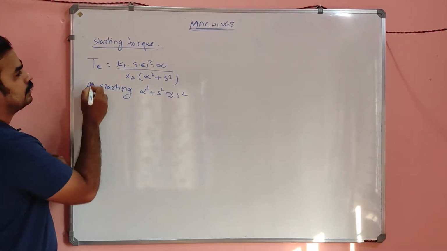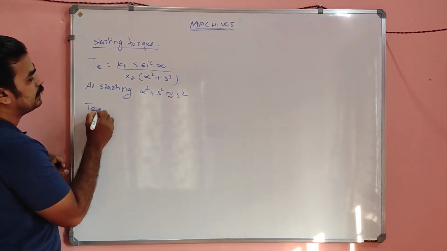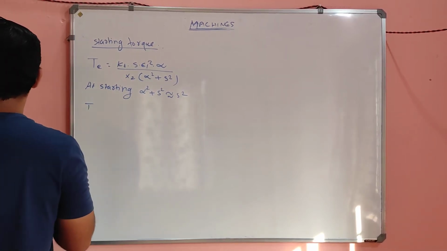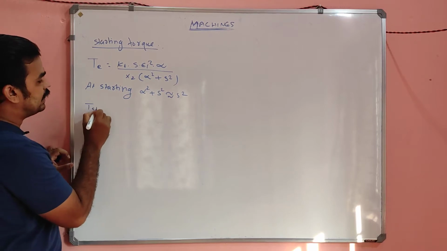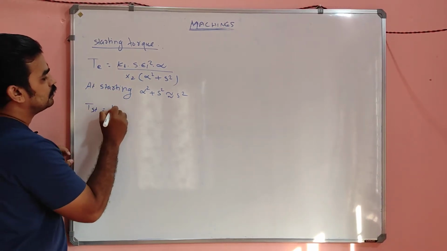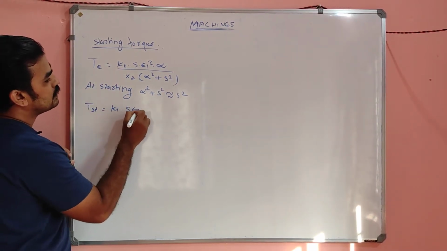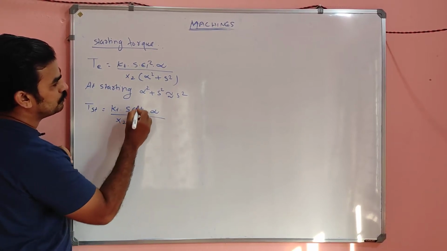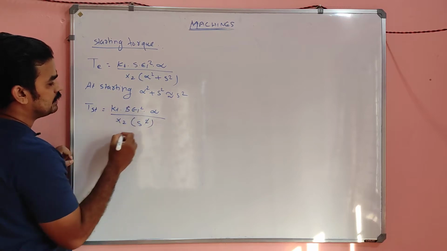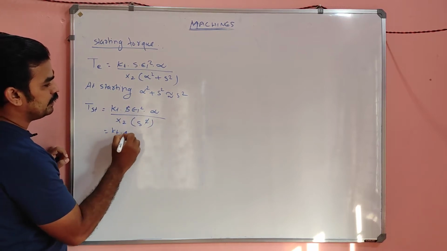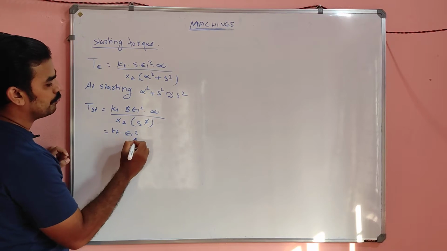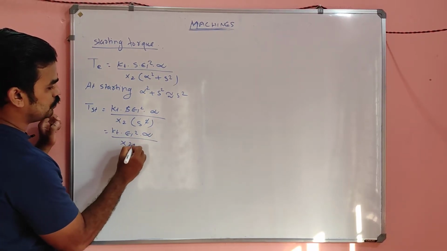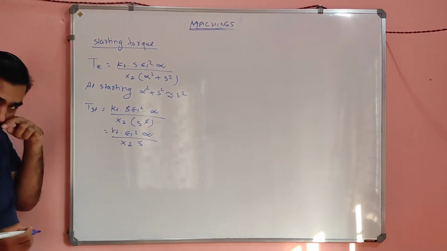So T start will be equal to KT into S into E1 square into alpha divided by X2 into S square. S and S will get cancelled, giving KT into E1 square into alpha divided by X2 into S.